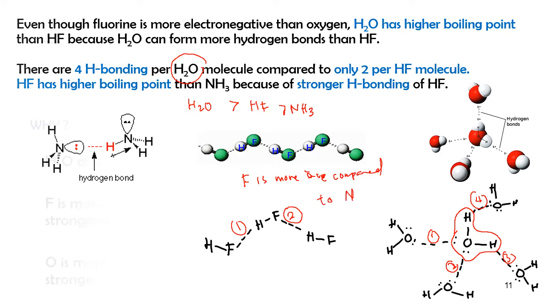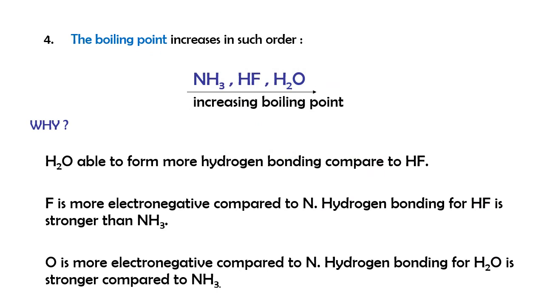Okay. So these are the explanation. Okay, because water is able to form more hydrogen bonds. So instead of specifying 4 hydrogen bonds, you just use the safe sentence: more hydrogen bonding compared to hydrogen fluoride.